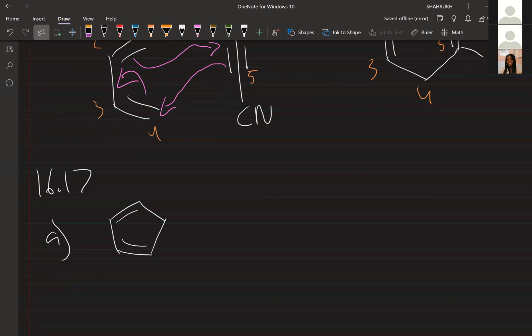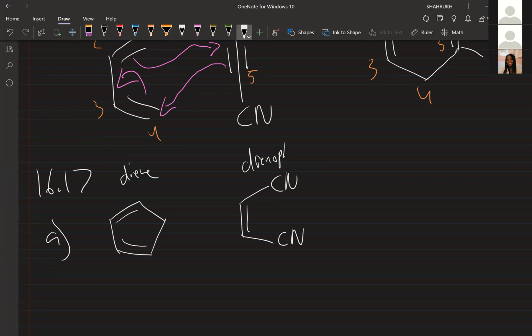Okay, so what do we have here? Okay, so we have our diene. It's locked into S-cis. We have our dienophile. It has a nice electron withdrawing group on it, right?